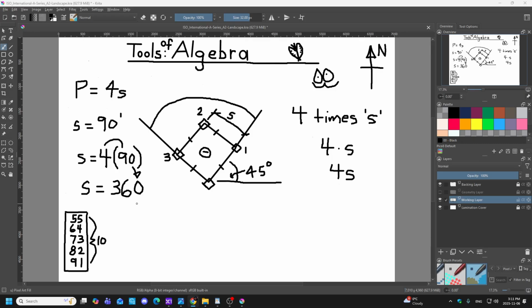Any letter may be used as a variable. So, you can use any letter you choose. You are the creator of the variable names. The letter S was used above because it is the first letter of the word side. That works.